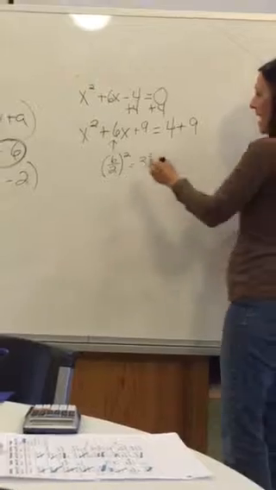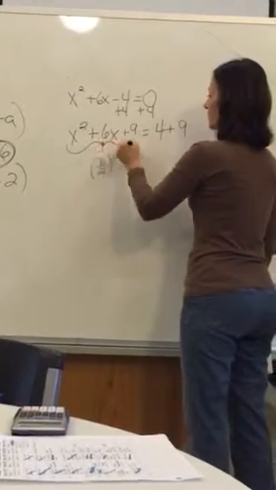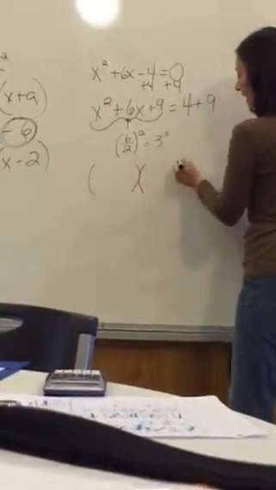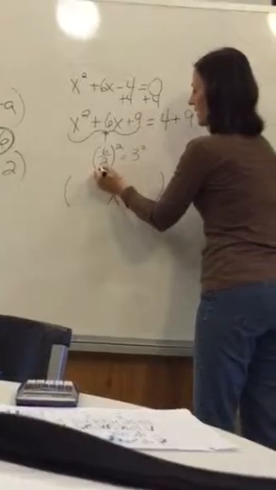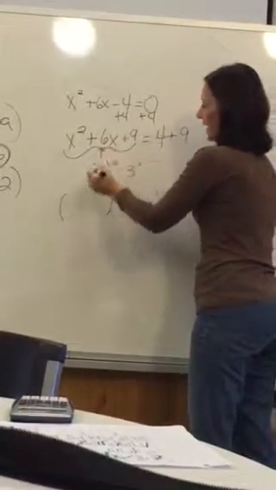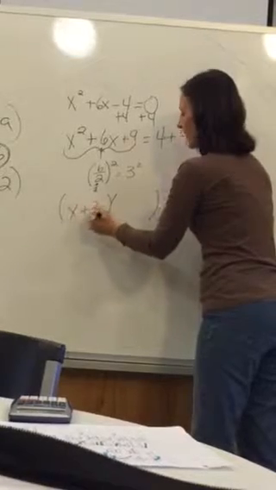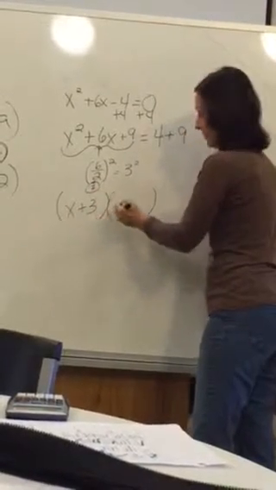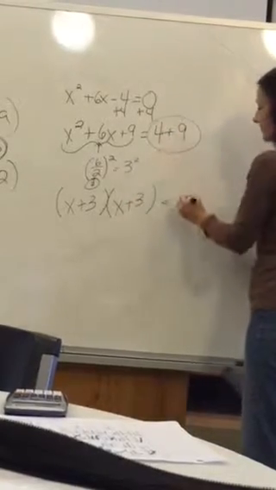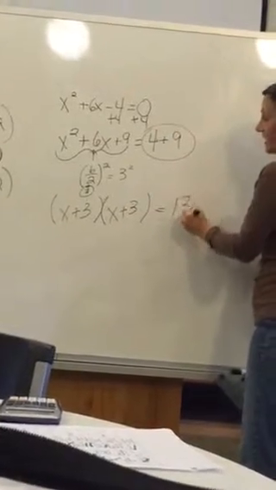I can now factor this side of the equation. And what was in here? A 3? X plus 3. It's always going to be this number. X plus 3 equals 13.